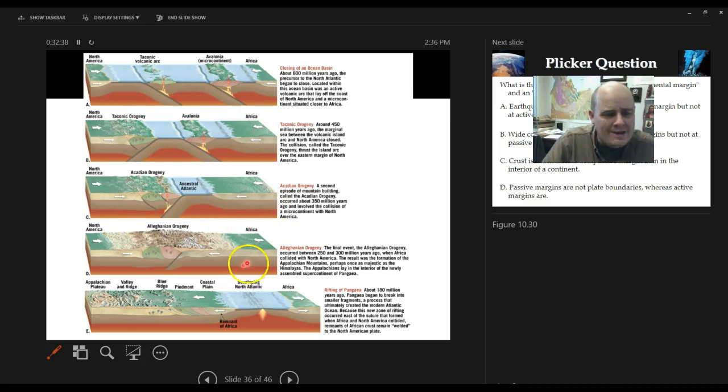Okay, then you had Africa slam in. So this is an ocean-ocean convergence again. Okay, then it slammed into North America, forming a continental convergence, and we call that the Alleghanian orogeny, where big, basically Appalachian mountains were formed, and then slowly over time got rifted apart, eroded away to form what we call the coastal plain, Piedmont, and the mountains of North Carolina today.